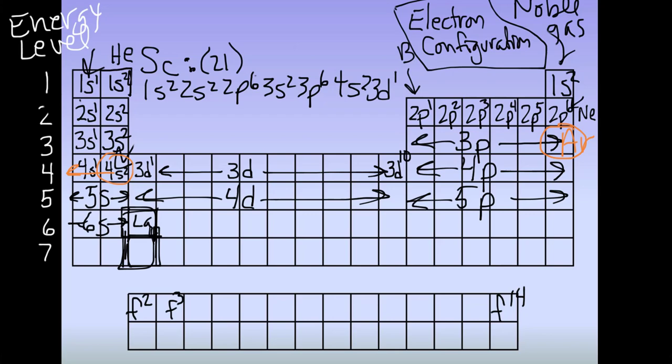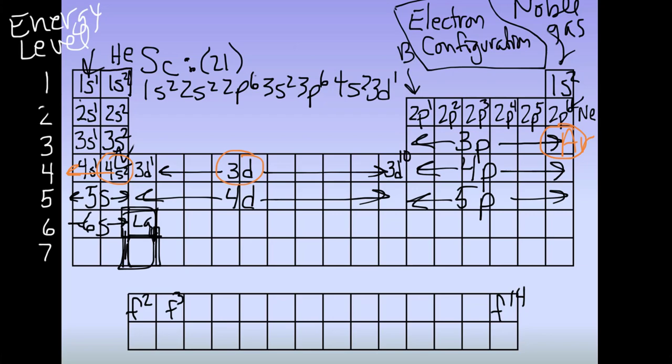And you have to know that the Fs start with energy level 4. That's kind of weird. My Ds start with 3 right here, and my Fs start with 4.